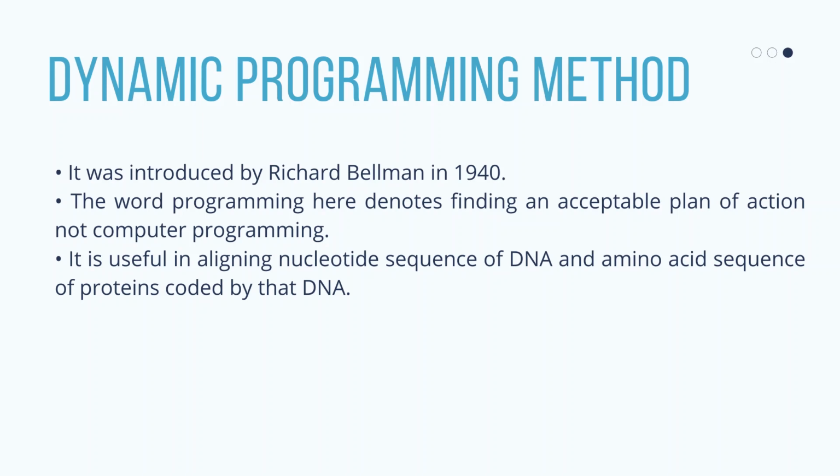Dynamic programming method. It was introduced by Richard Bellman in 1940. The word programming here denotes finding an acceptable plan of action, not computer programming. It is useful in aligning nucleotide sequences of DNA and amino acid sequence of protein coded by that DNA.